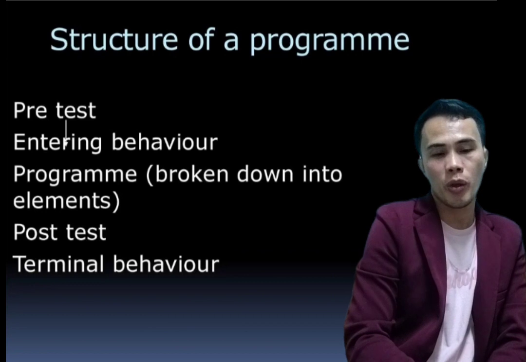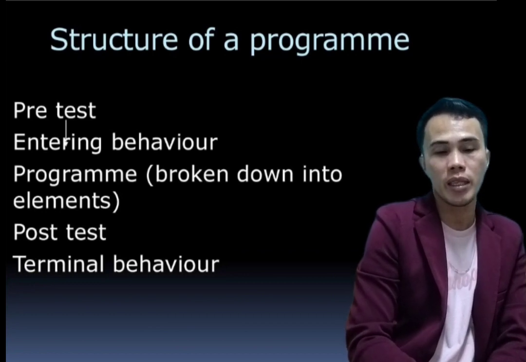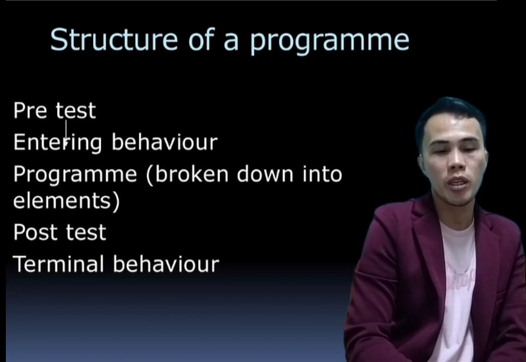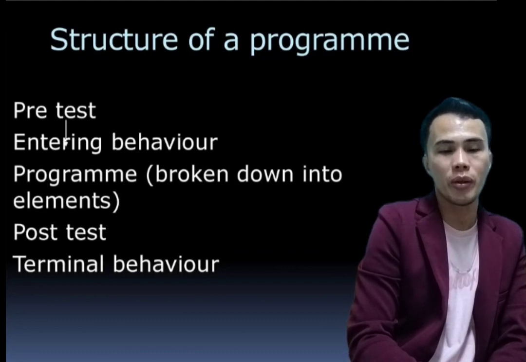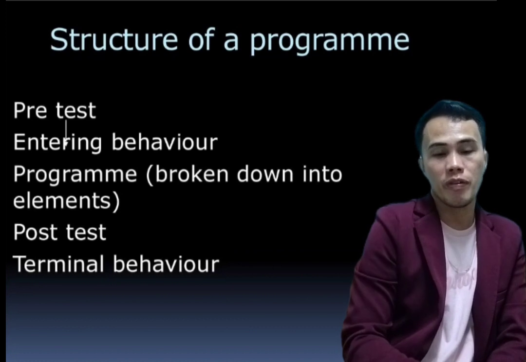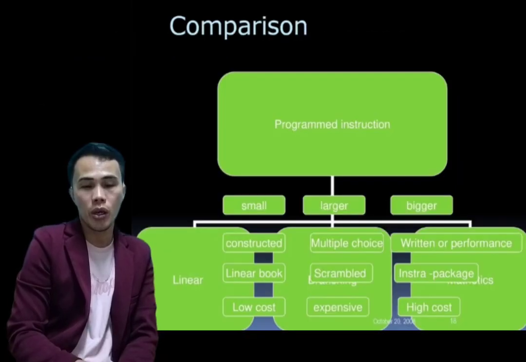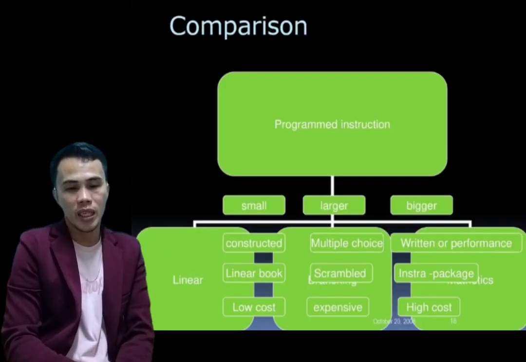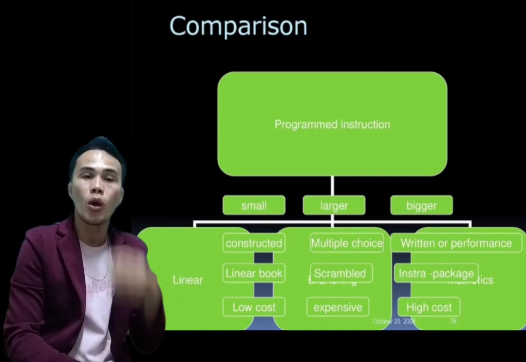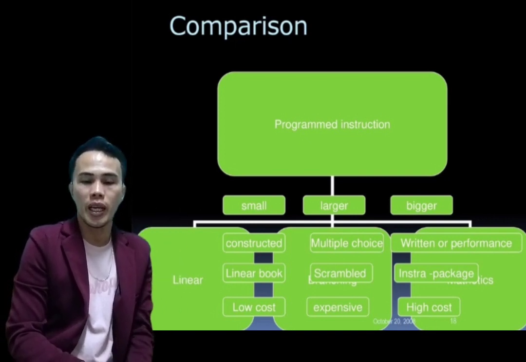So the structure of a program: we have pretest, entering behavior, program broken down into elements, post-test, and terminal behavior. So, comparison of the program instruction. We have the small, the larger, and the bigger. Let's start with the small.